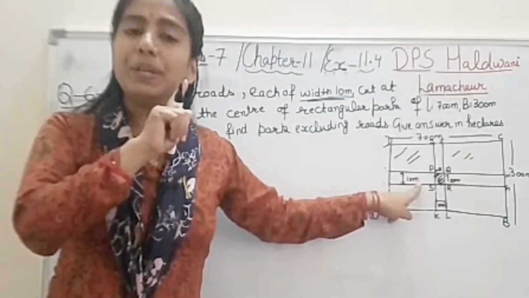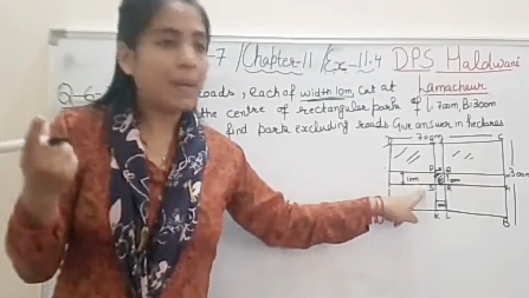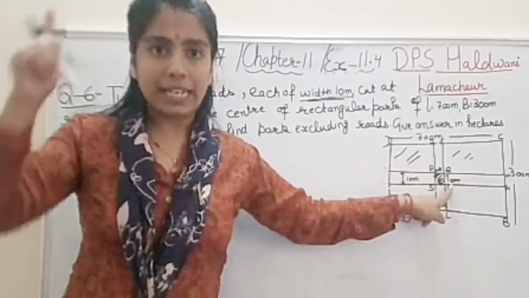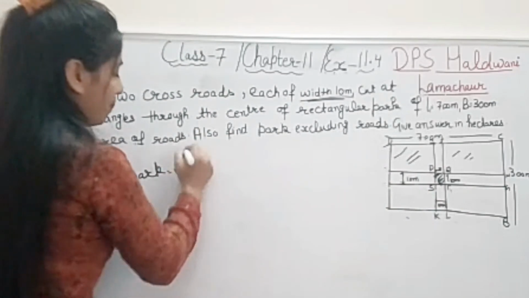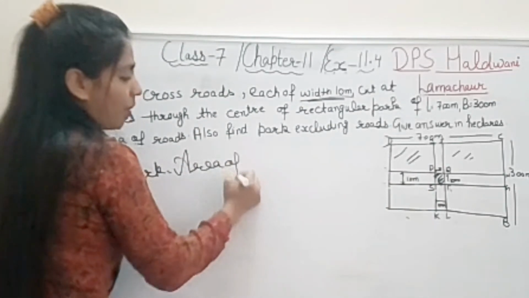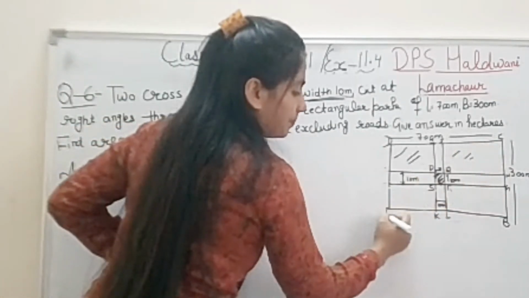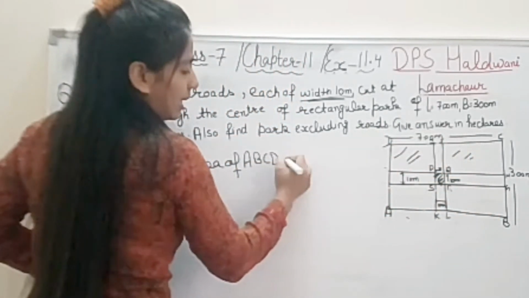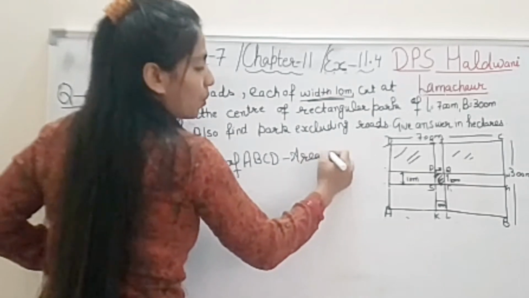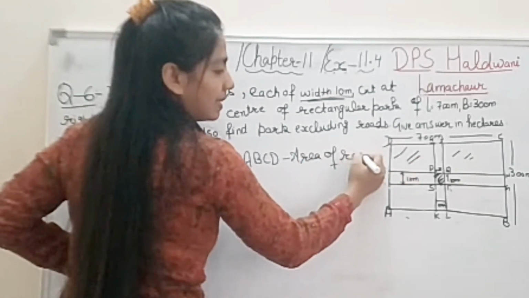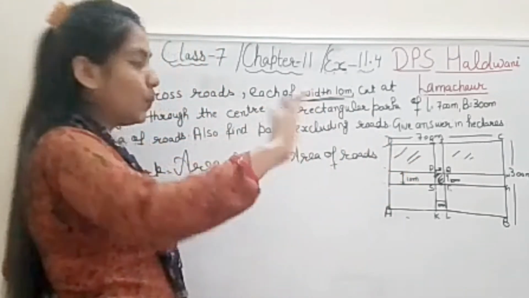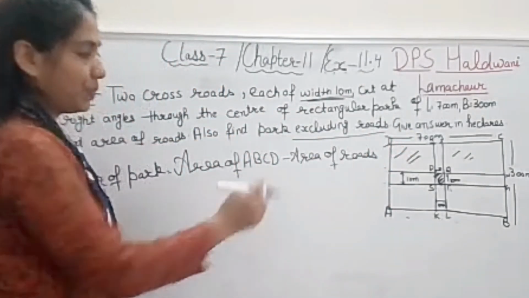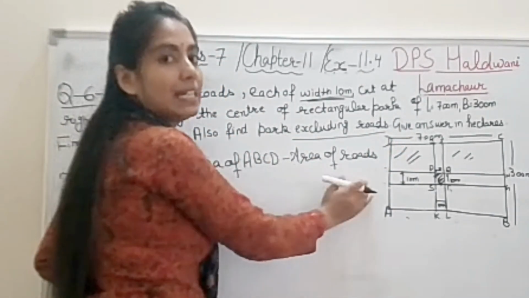Road should be removed. So it means you will subtract these areas of road. So for area of park, it will be area of this ABCD minus area of crossroads. Because we have to exclude the road given to you. So we are excluding, we are doing minus, right?